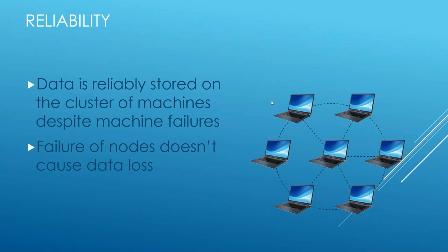These are the reliability features of having this distributed network system. See here, the failure of any of these two connected nodes does not cause data loss. You can get the data from other nodes because all are interconnected through a LAN, the network.